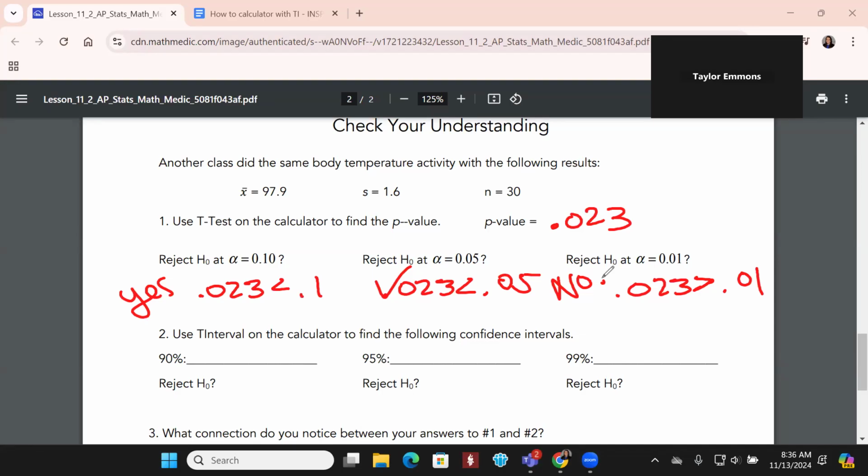On the next one, you're going to find the t interval on the calculator. How do you do that? Where is it located? Go to stat, go to distributions, then what?